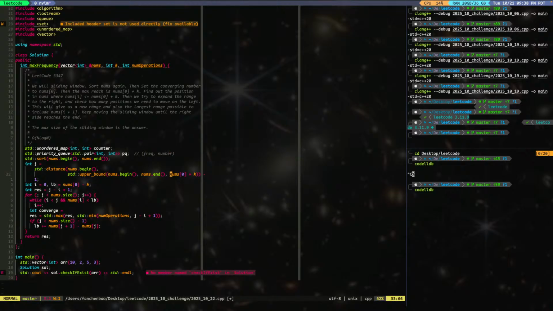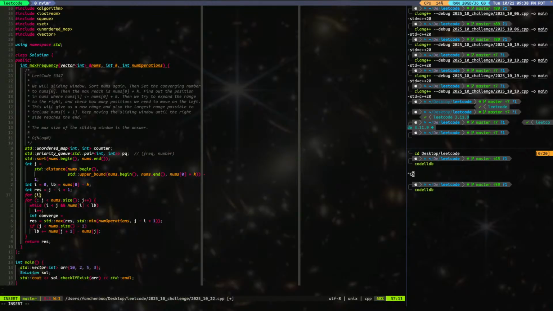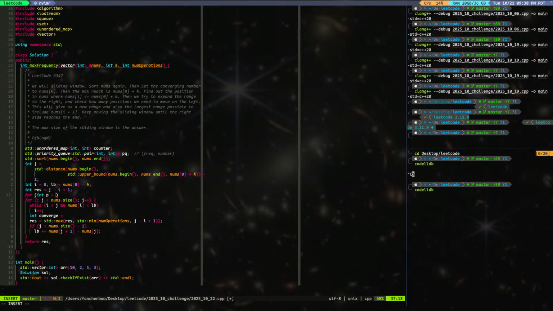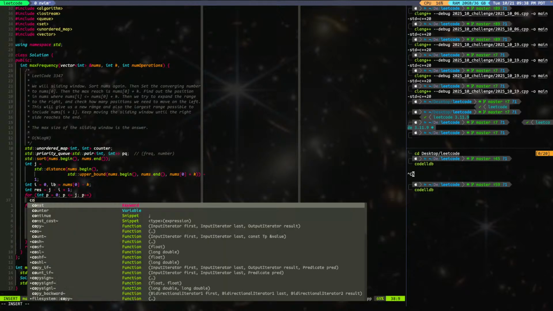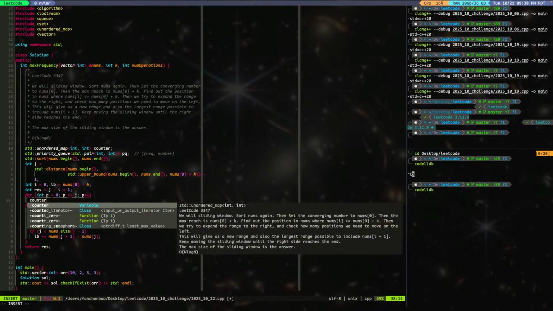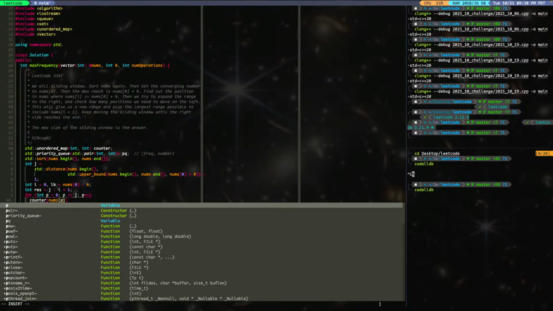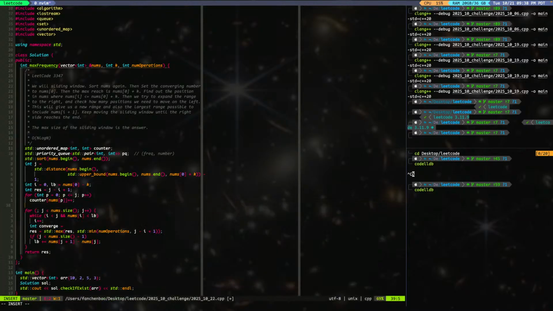So we say for int p = 0, p is smaller or equal to j, p plus plus, then counter nums p plus plus, and then we need to put everything into pq.